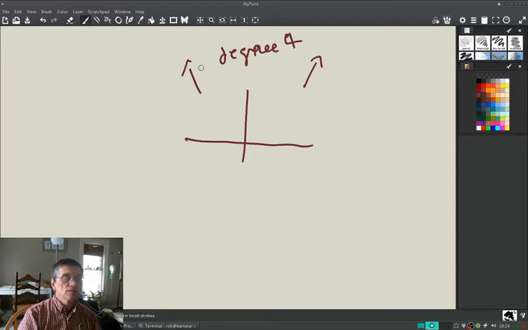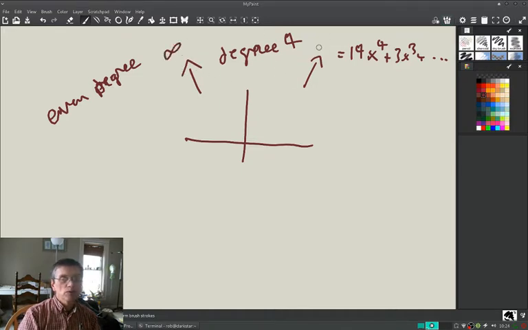This is the rule for even powers, even degrees. So a degree 4 equation would be like 14x to the 4th plus 3x cubed plus smaller powers of x. That would be a degree 4 one. It goes off to positive infinity in both directions, positive x and negative x.